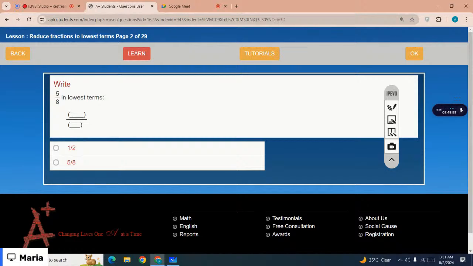We don't have any common number that can divide 5 by 8, right? So that means 5 by 8 is already in the lowest term. The correct option is 5 over 8.